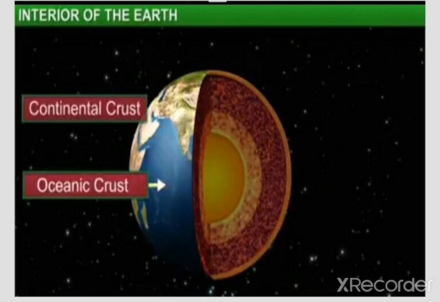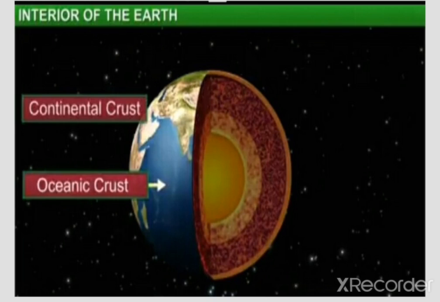Clear everyone? One more thing I told you: as we move from the surface of the earth, from the crust towards the core, the temperature of the earth increases, and in the center of the earth the temperature is around 5500 degrees Celsius to 6000 degrees Celsius.